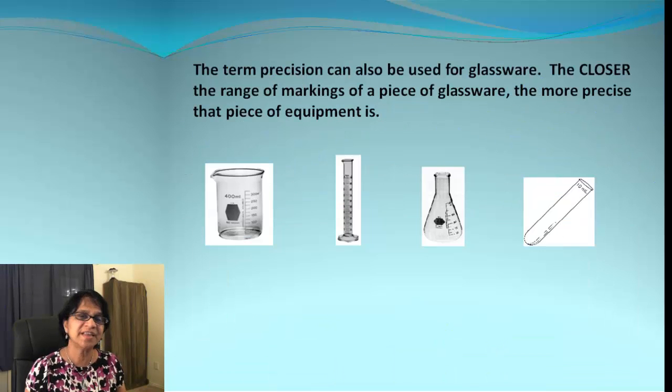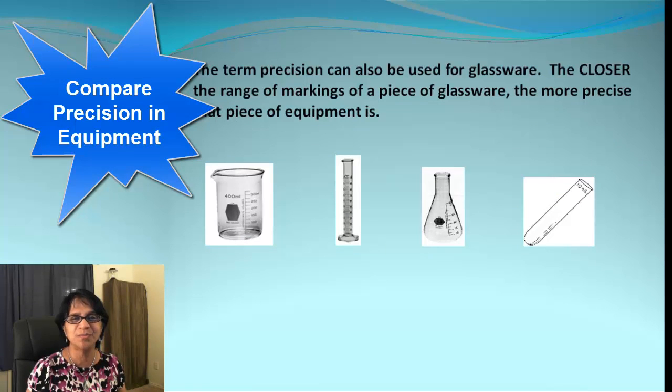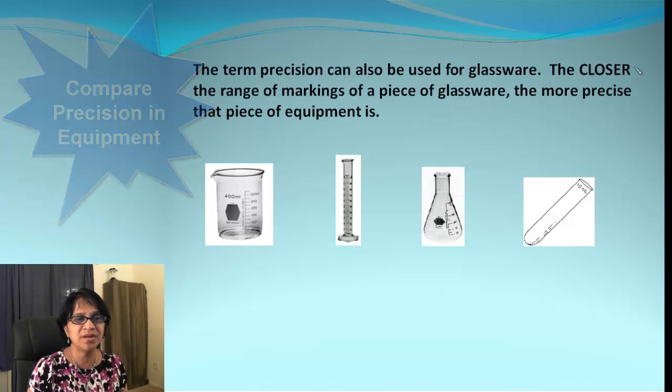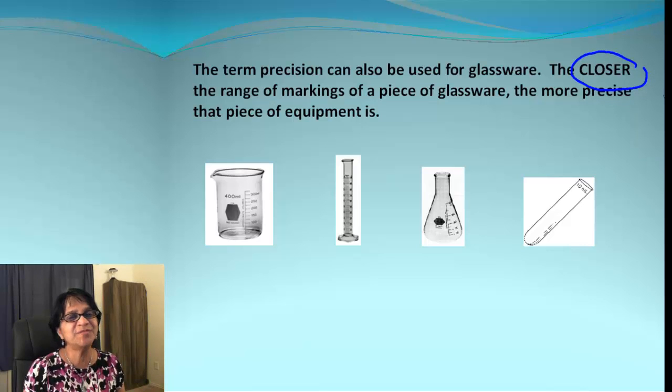Let's take the example of equipment and find out which one is more precise. The easiest thing to remember is equipment will have markings, graduations, and if they are closer within a particular range, that means more markings are there, and that will always be more precise.